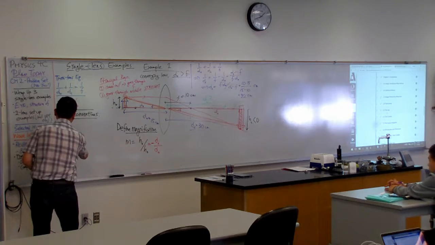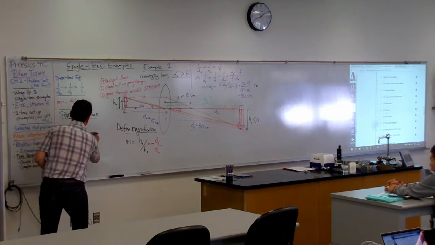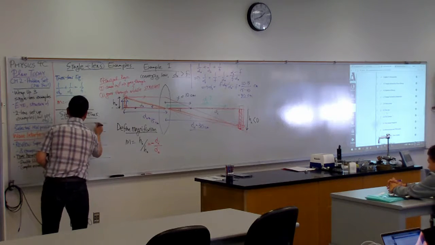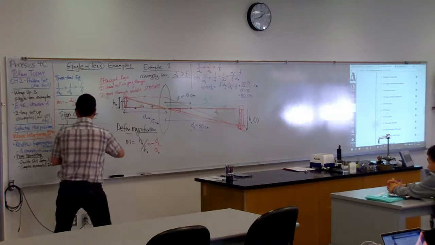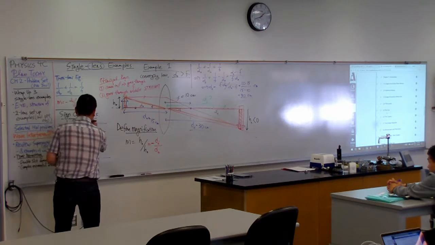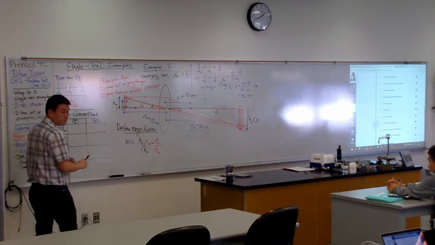Object distance, image distance, and focal length. And I will try to spell out the conditions under which they are either positive, which is what we are seeing right now, or the conditions under which they are negative numbers.